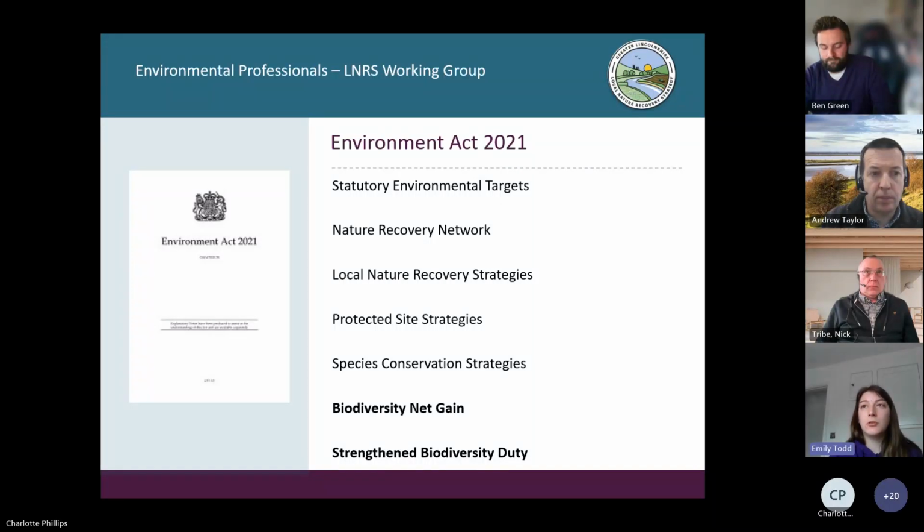As I understand, they are still in development, but hopefully in future iterations of the LNRS we'll be able to bring these plans and strategies together in a more coherent way. As well, there's biodiversity net gain and a strengthened biodiversity duty on local authorities. These two are in bold because they're identified as the main mechanisms of delivery for the LNRS.